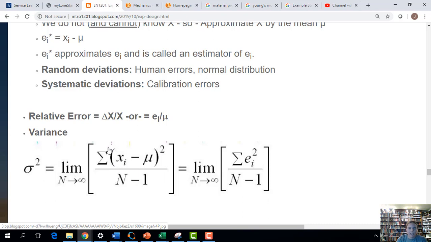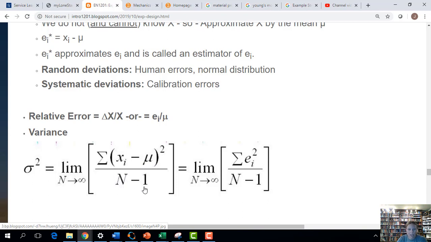So what we're doing is we're taking the difference between each measurement and what the average is. This little u, that's another symbol for average. And it's kind of an a squared plus b squared equals c squared deal. So we're going to square this and then divide by the number of data points minus 1.